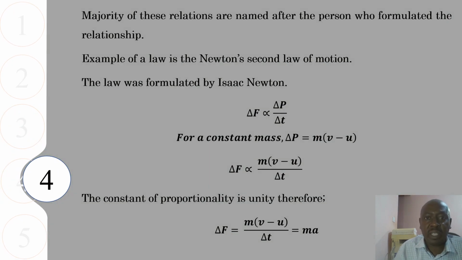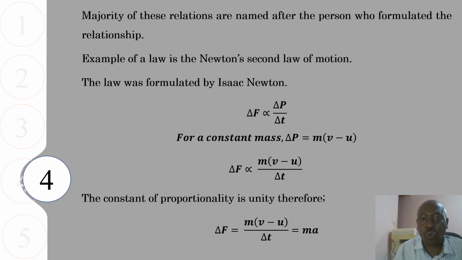Majority of the relationships in physics are named after the personalities who formulated them, and a good example is Newton's second law of motion. This law was formulated by Isaac Newton.